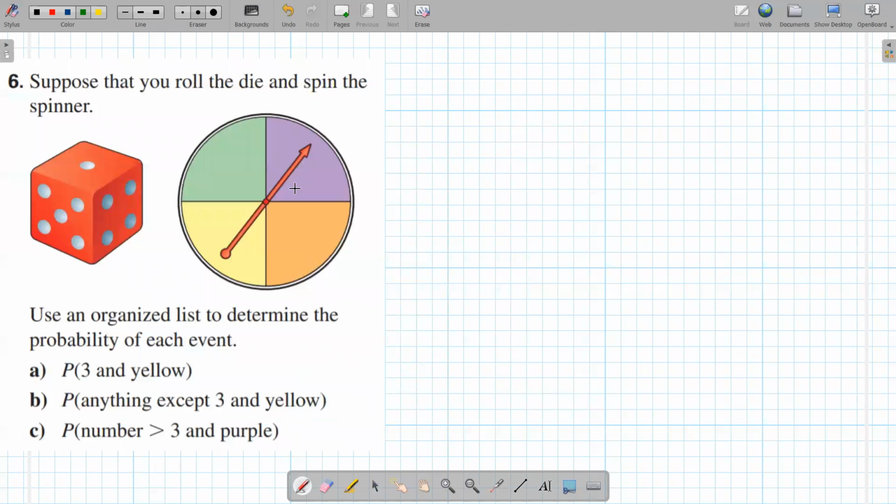We have a dice and then we have a spinner. So let's do this for a dice first. We roll a dice. What are the outcomes? 1 through 6.